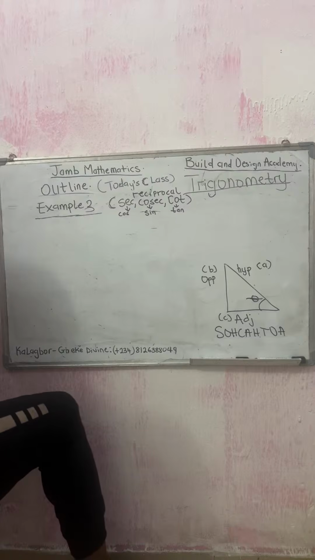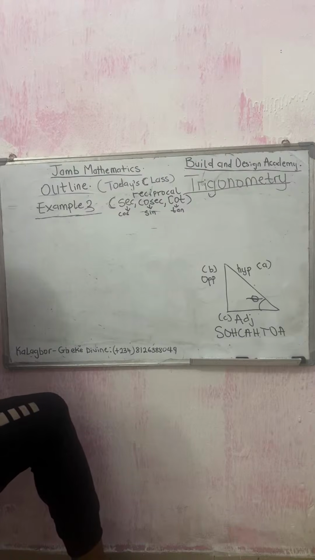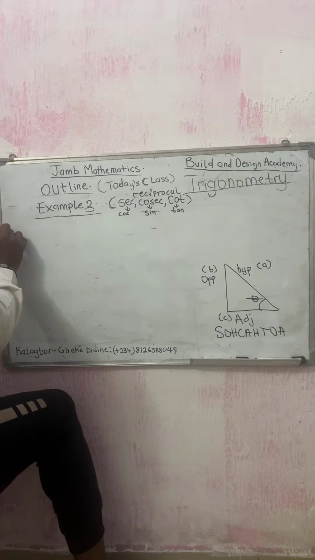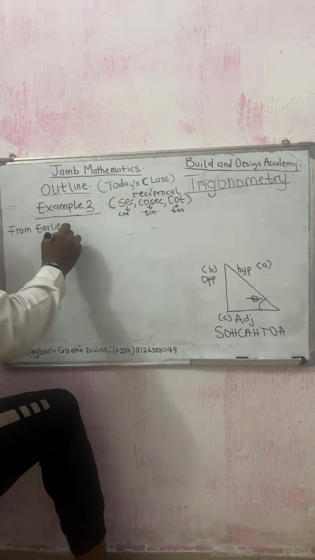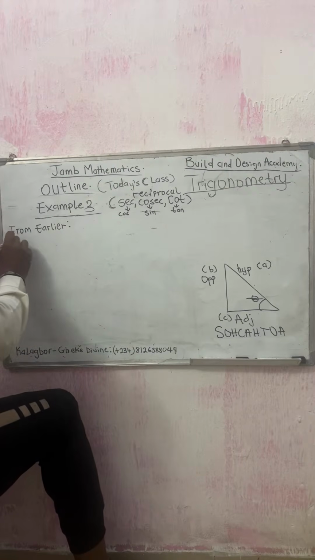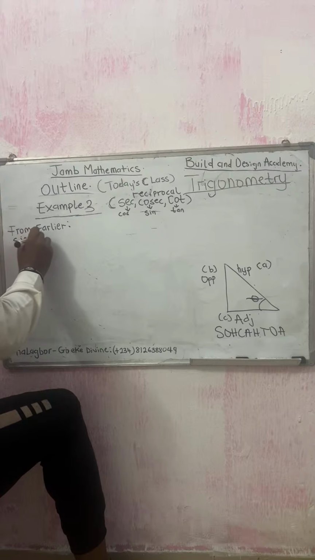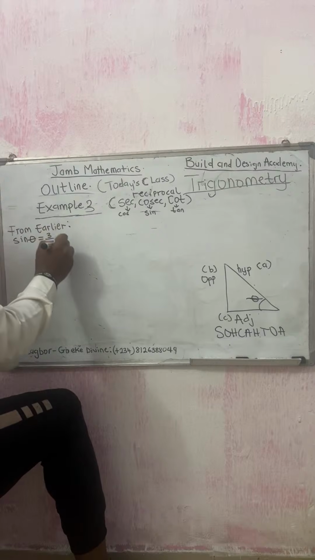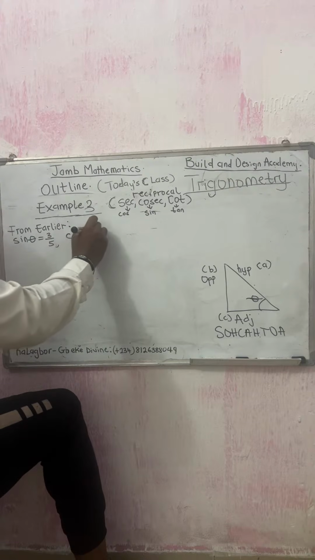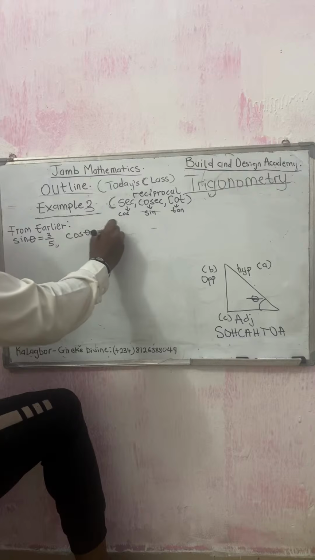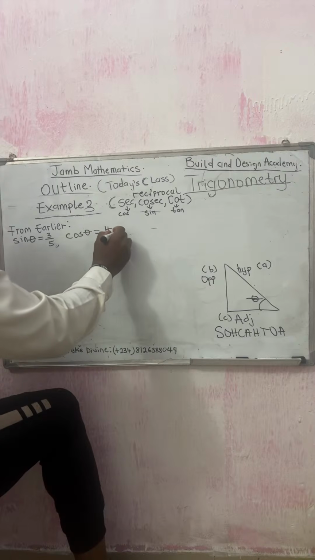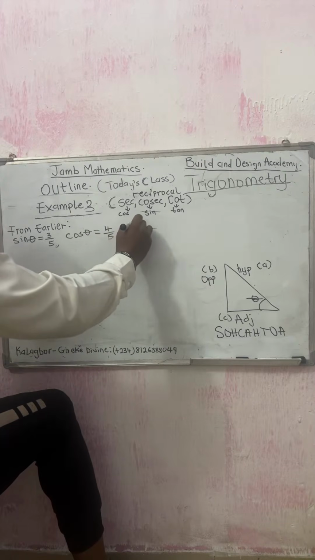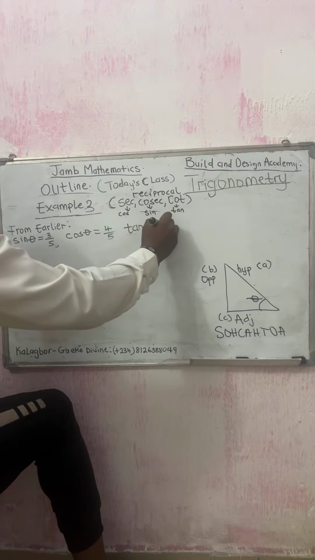So let's solve example 3. Example 3 says, find, from earlier, that's from example 2, we had sine theta equal to 3/5, cos theta equal to 4/5, and we had tan theta equal to 3/4.